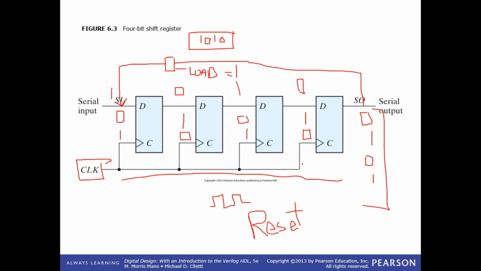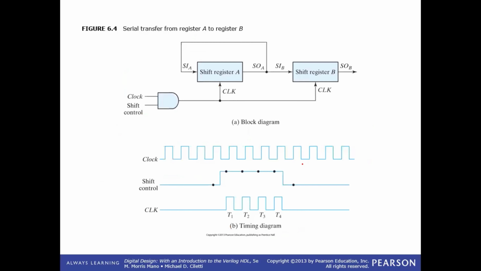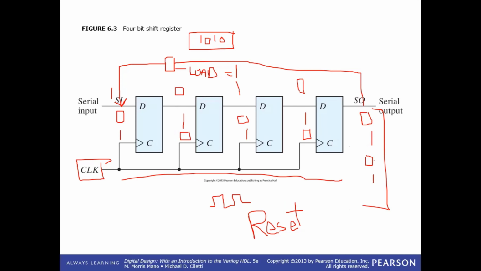So this one in front of you is a serial transfer from register A to register B. Until now, we have studied a single register. Let's suppose this is called A. This is a 4-bit register.